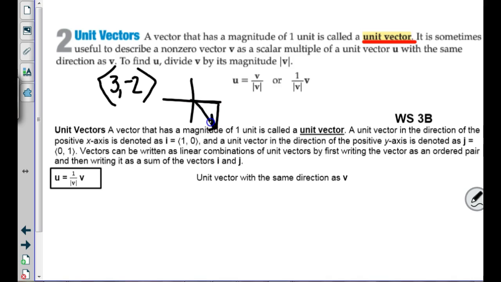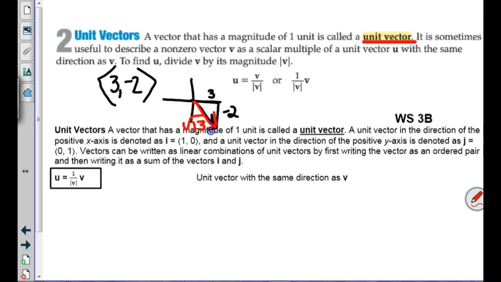If you wanted the exact direction of that, but you wanted to shrink it down to be only 1 unit long, okay? Right now, how long is it? It went over 3 and down 2, so the actual magnitude of this vector right here is square root of 9 and 4, 13. Square root of 13 is the length of that vector.